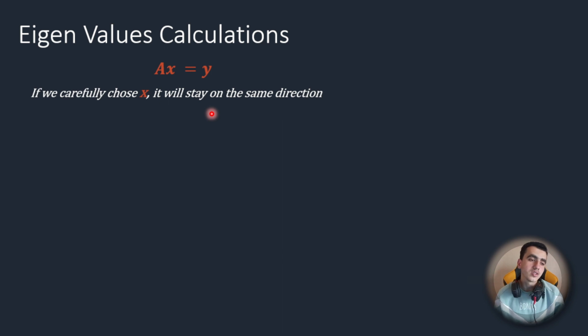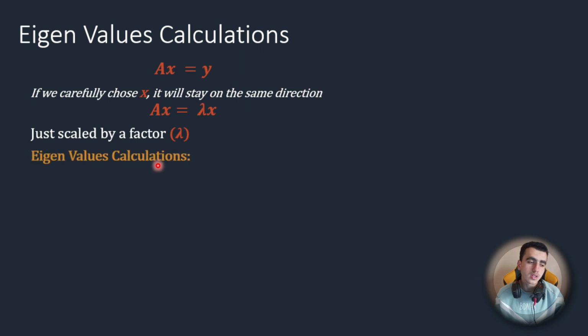So if you remember from the original lecture that x is the eigenvector and it will not change direction; it will be the same direction, but just scaled by a factor, or also can be a division, a factorization part. And here we are going to calculate it in 3 separate ways. One way is to calculate the trace and the determinant and putting these two values inside this trinomial equation.